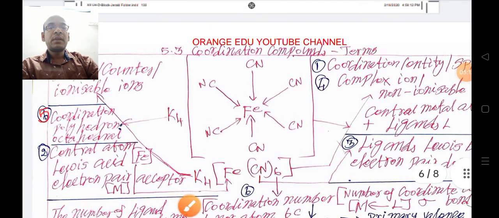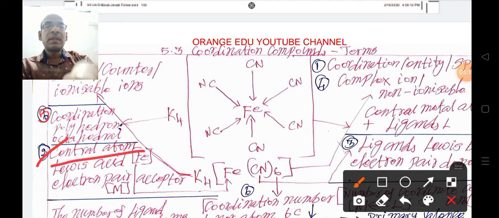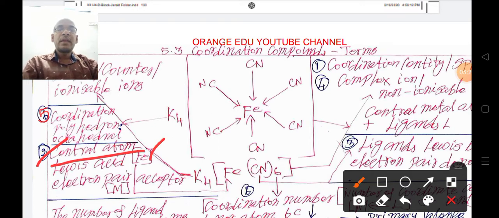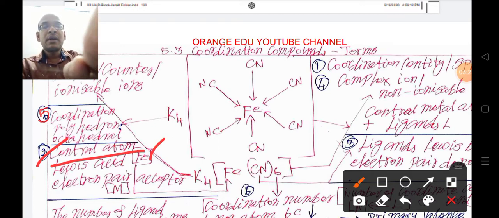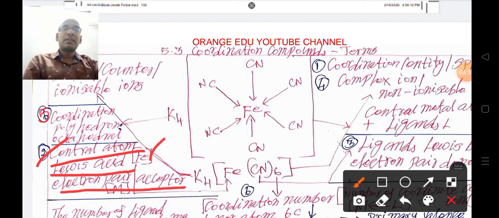Point number 2: central metal ion, Fe. This central metal ion is also called Lewis acid because this central metal ion is a lone pair acceptor.